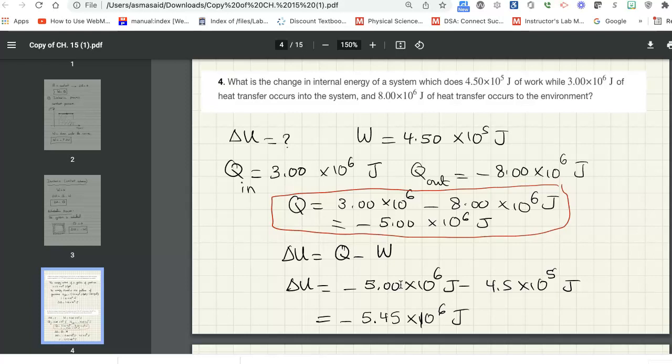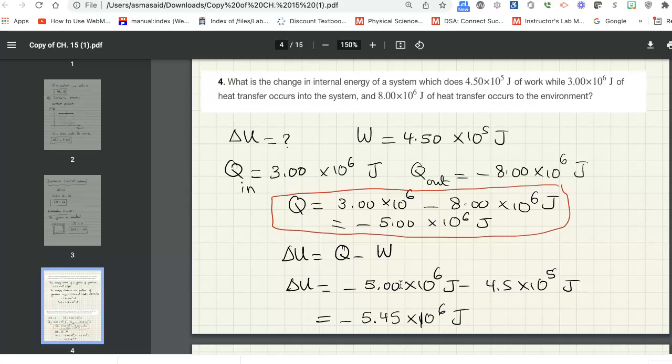Then again, Q is positive. And also we have 8 × 10^6 joules of heat transfer to the environment. Then the system is gaining 3 × 10^6 and losing negative 8 × 10^6.